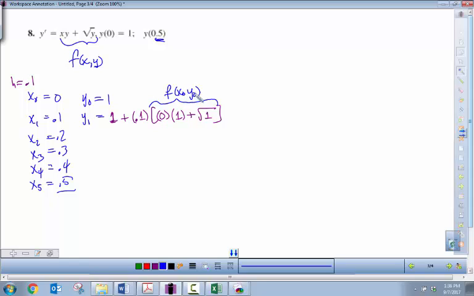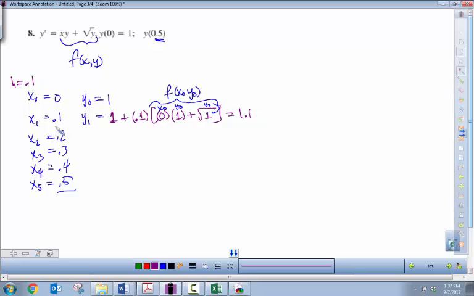And that's f of x naught, y naught. So our x naught and our y naught. So I believe this is just going to be 1.1. Right? Looks like that.